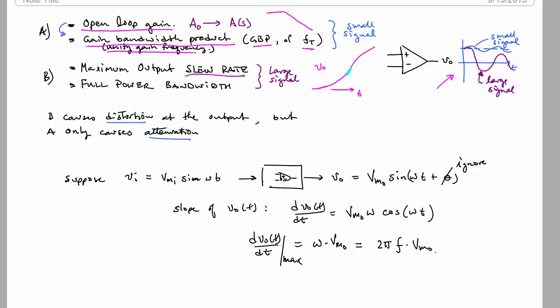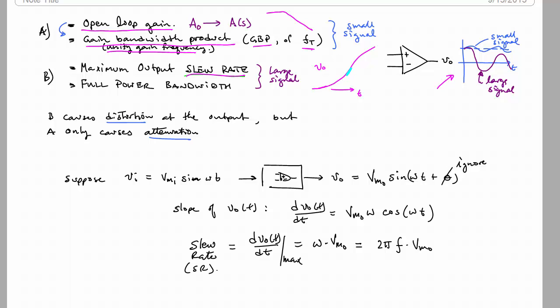So the point here is to recognize that the demand on the op-amp to produce a high rate of change, and this here is actually slew rate, or SR, the demand on an op-amp to have to produce a certain slew rate at the output is going to be governed, and here we're talking sine waves, although this is extendable to other signals, we're going to keep it to sine waves.